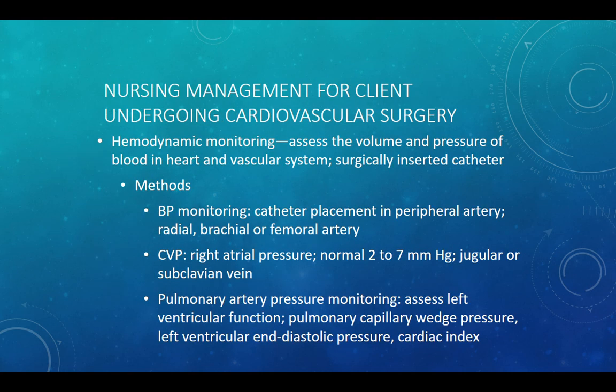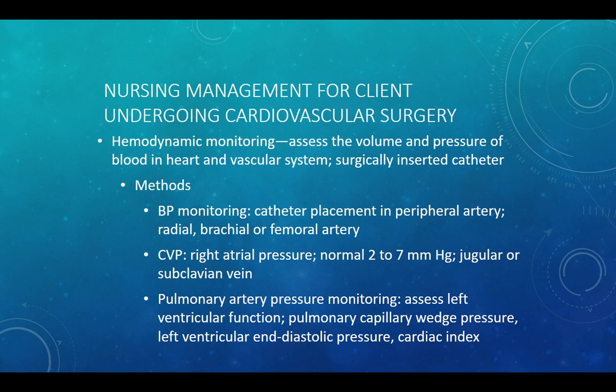Nursing management for a client undergoing cardiovascular surgery. Hemodynamic monitoring assesses the volume and pressure of the blood in the heart and vascular system, using a surgically inserted catheter. You must monitor this. A lot of LPNs do not have this capability in the hospital. It's mainly an RN's job, but they could have you in there assisting.